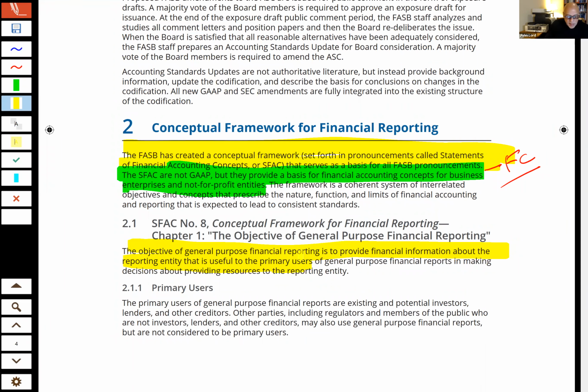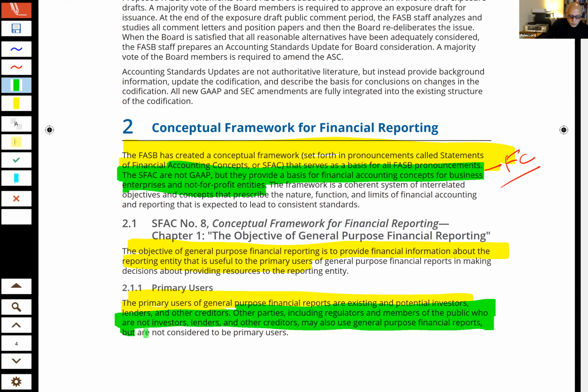FASB says yes, we're preparing the statements for primary users, and the primary users are what? Lenders and creditors. There are other parties outside, such as regulators, the IRS, et cetera, who may want to use the statements, but they are not considered primary users. They would be considered secondary users.